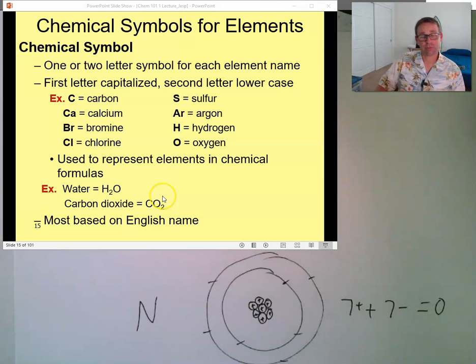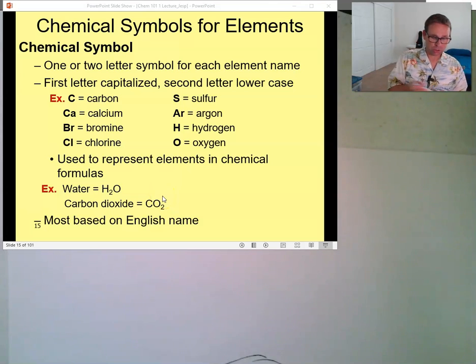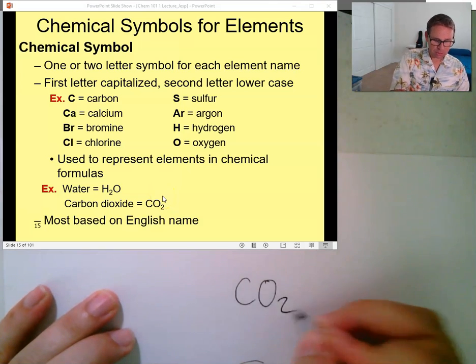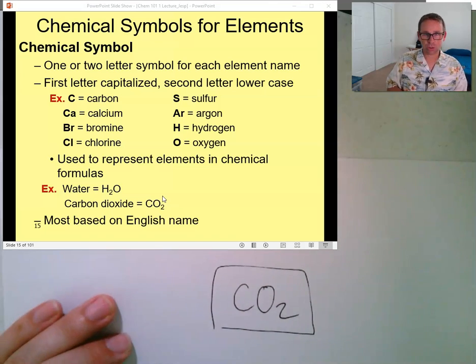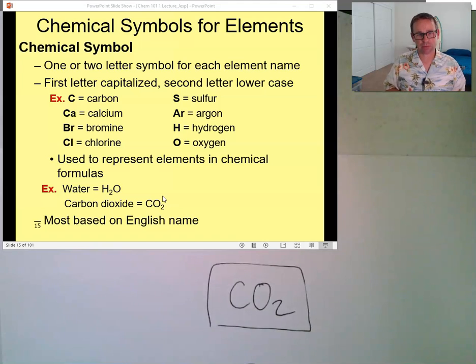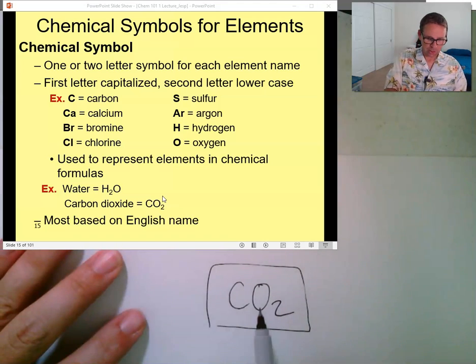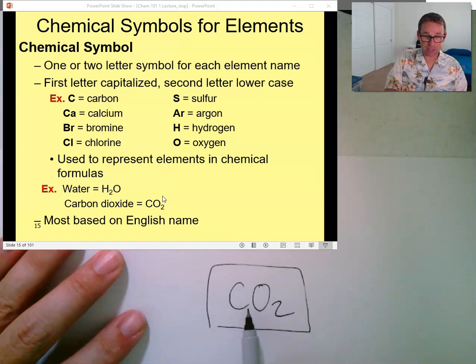And from that, if I write CO2 here, can you tell me how many carbons there are in one molecule of CO2? How many carbons do I have? 2. No, that 2 is for the oxygen. But how many carbons do I have? Just 1 carbon. Can you see that?